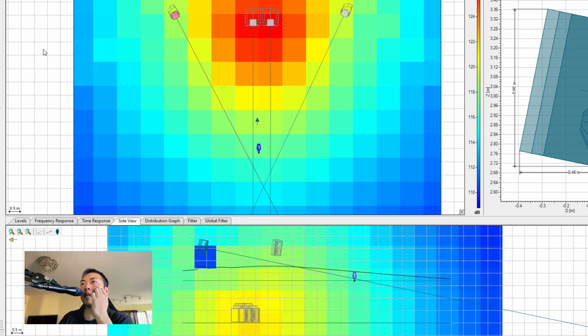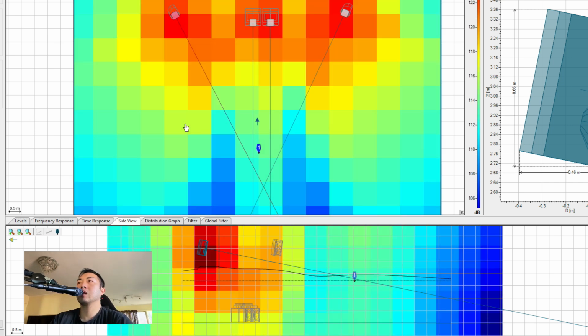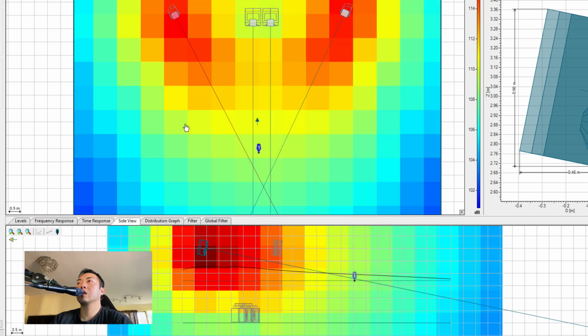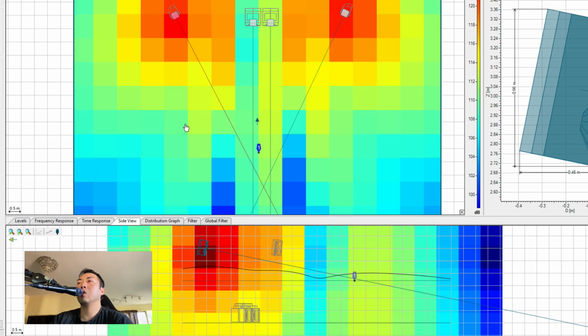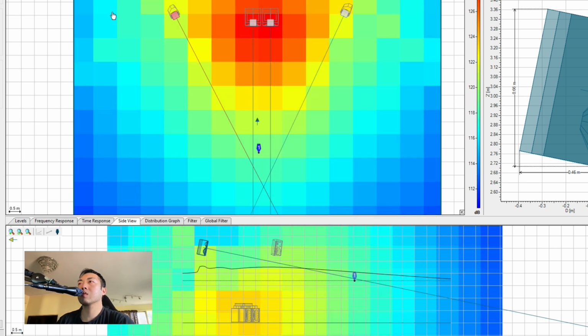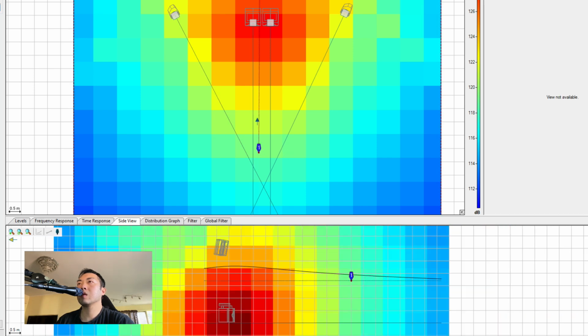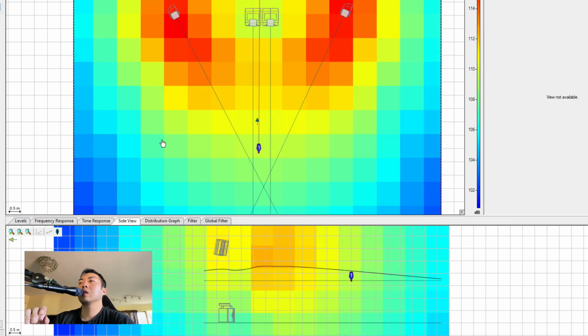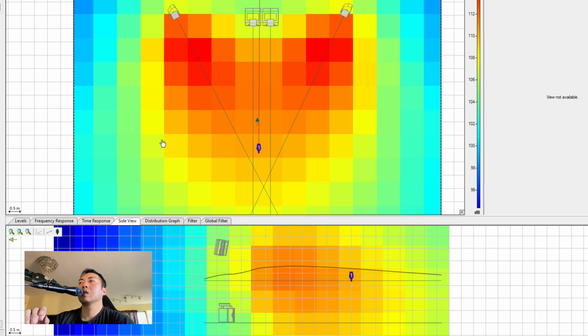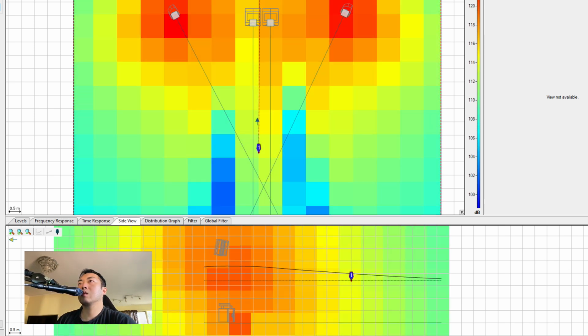And as we look at all of these patterns, you see roughly the same sort of pattern.